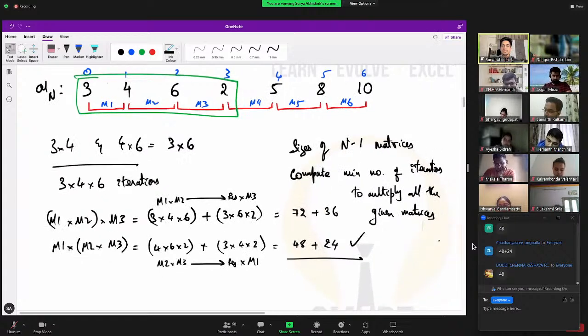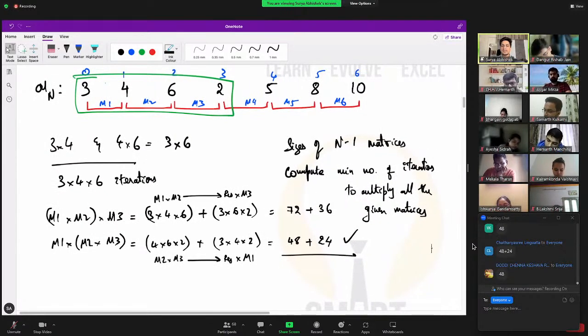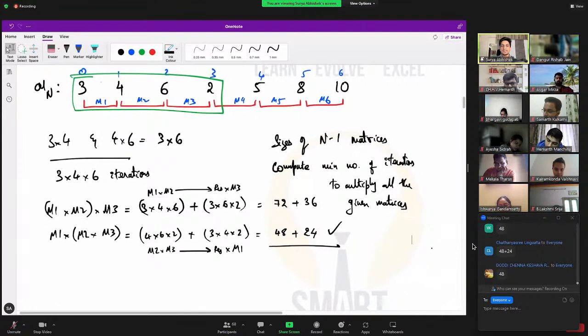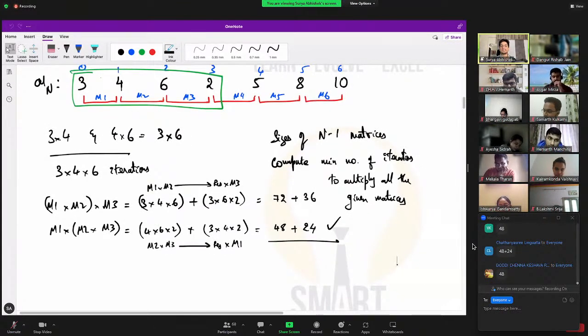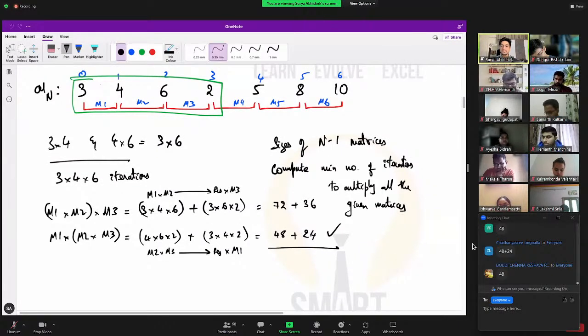Compute the minimum number of iterations to multiply all the given matrices. This problem is known as the matrix chain multiplication problem.